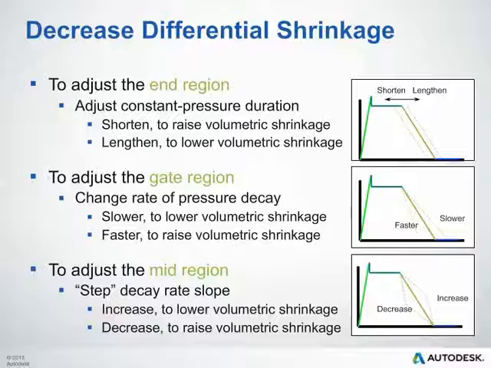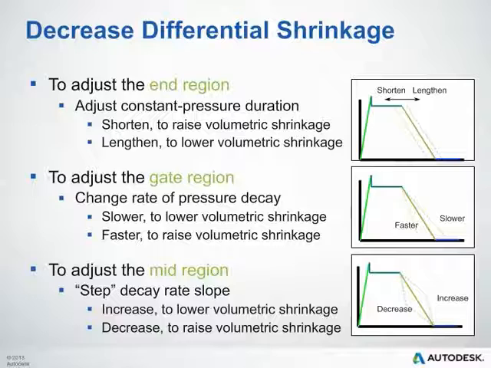Then to adjust the mid-region, which would be between the gate and last place to fill, we could put a step in that slope. If we increase it, that'll lower our volumetric shrinkage. If we decrease it, that can raise our volumetric shrinkage. You might say, why do I want to raise my volumetric shrinkage?